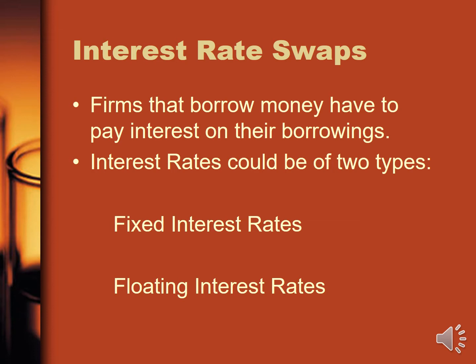As I mentioned, there are two types of interest rates, a fixed interest rate and a floating interest rate. The fixed interest rate means that you have issued bonds at 6% per annum.